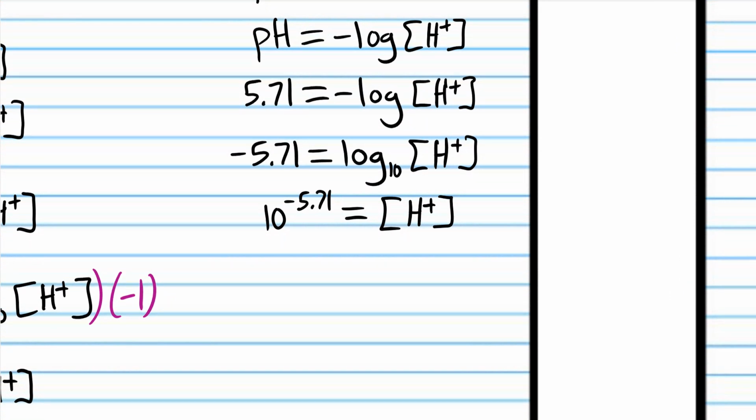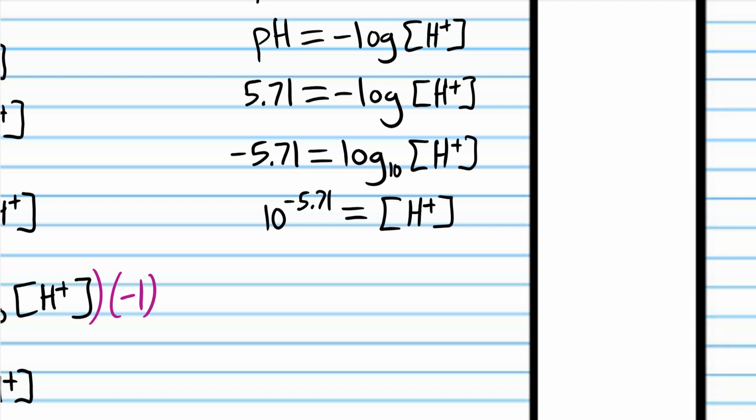And now we need to use the calculator. So on the iPhone, I'm going to enter 5.71, and then the plus minus button at the upper right, that changes it to negative.